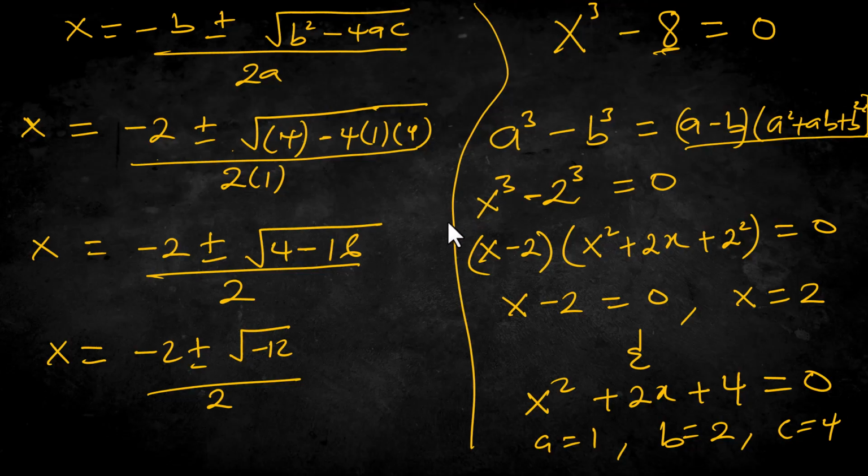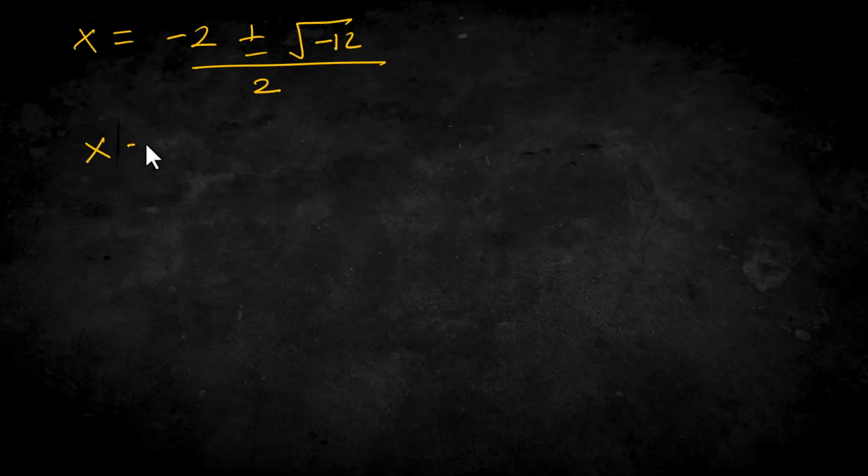All right, this side can be adjusted. Now we can adjust this one. So minus 2 plus or minus, you can say the square root of minus 1 times 12, on 2.